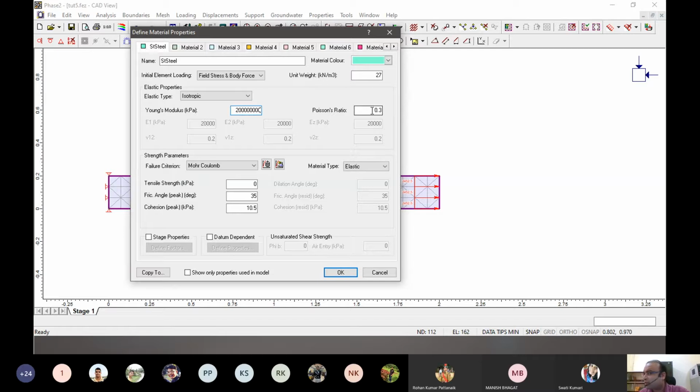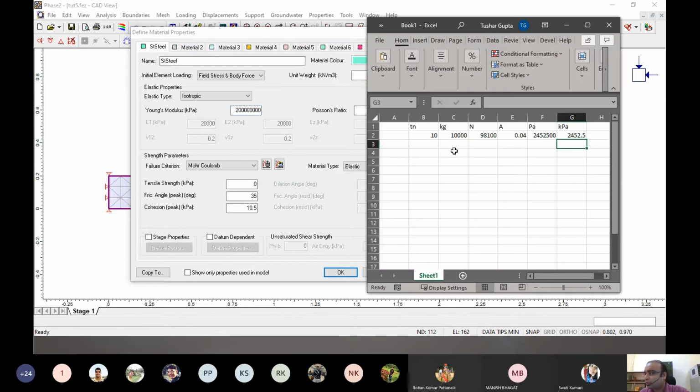We have Poisson's ratio of 0.3 already fed. Density of 7850 kg per meter cube. Now kg per meter cube has to be converted to kilonewton per meter cube. So we have 7850 kg per meter cube.